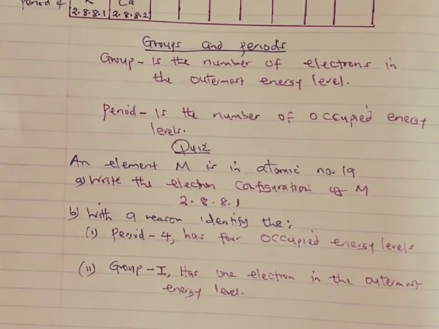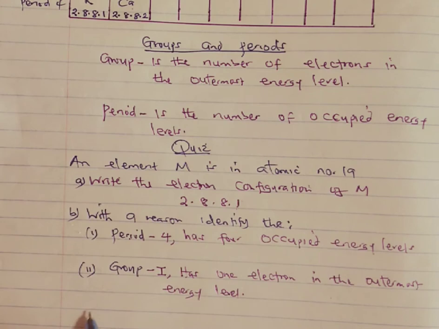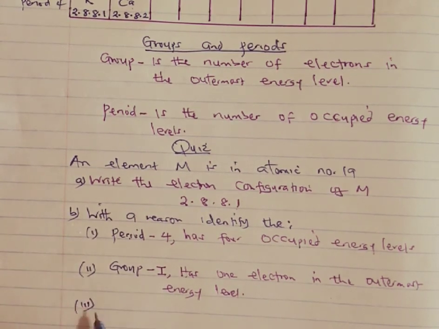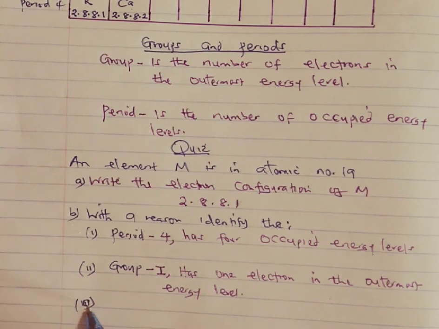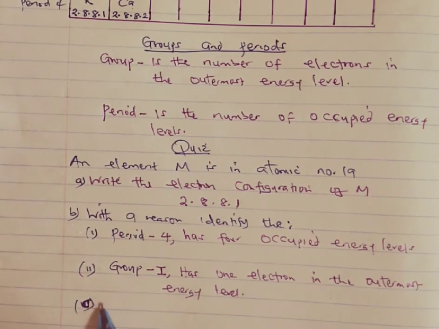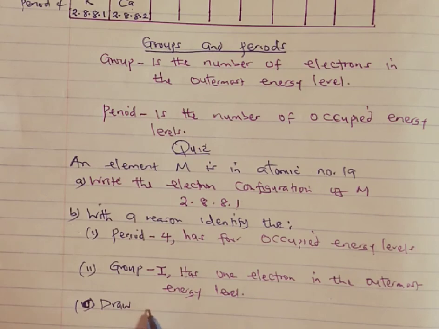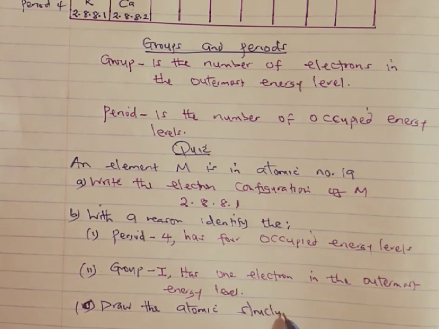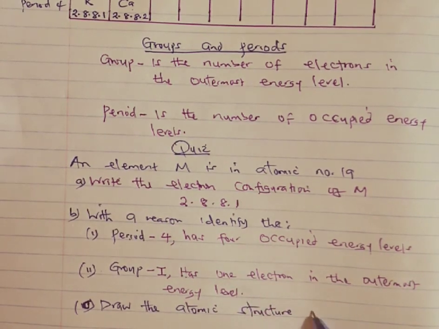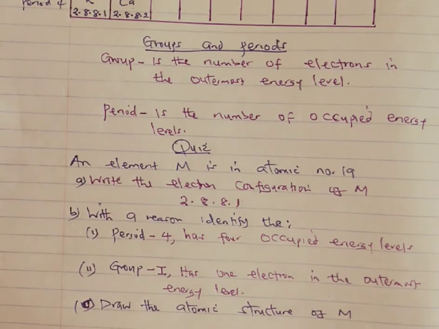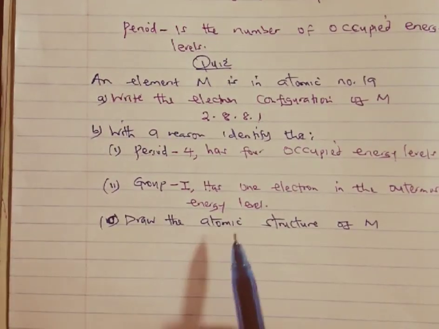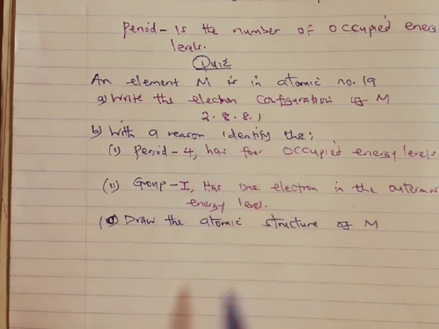Roman 3, you can be given a question where, for example, you are supposed to draw, or let us call this one C. You are told, for example, to draw the atomic structure of M. So if you are supposed to draw the atomic structure of M, it has 4 occupied energy levels.